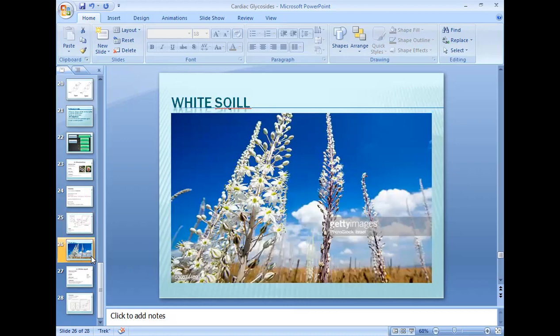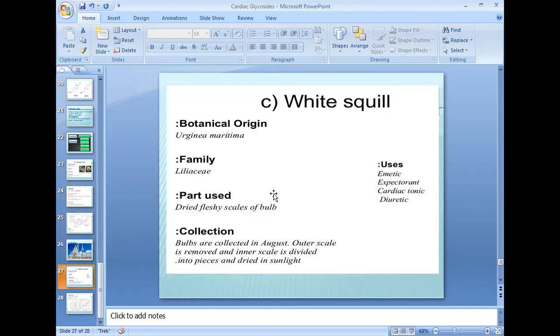Now, the plant which is the source of bufadienolide is white squill. Its botanical origin is Urginea maritima, family Liliaceae, and its dried fleshy scales of the bulb are used, which are collected in August, where the outer scale is removed and the inner scale is divided into pieces, and these are then sun-dried.